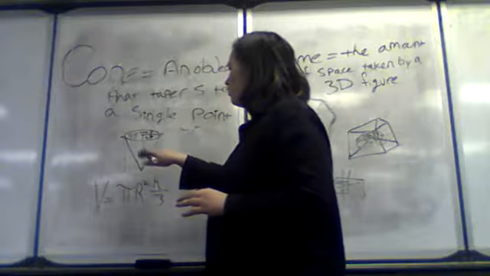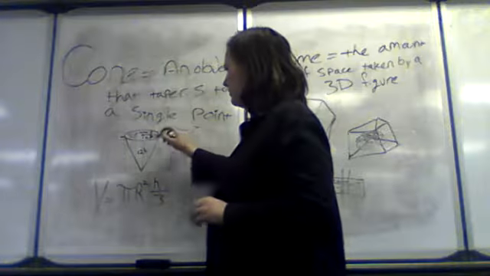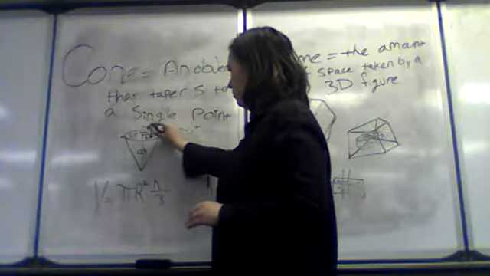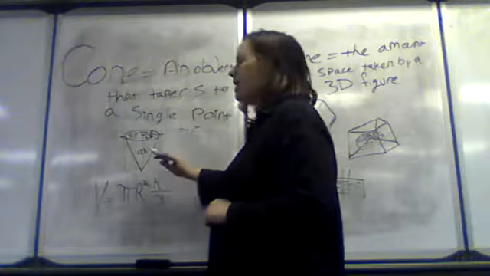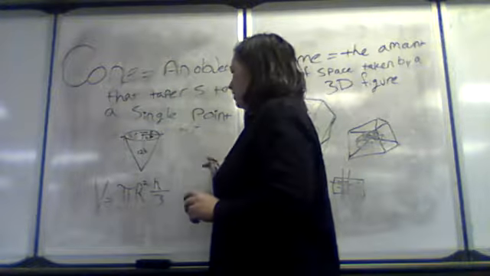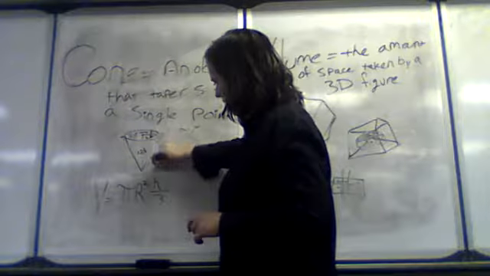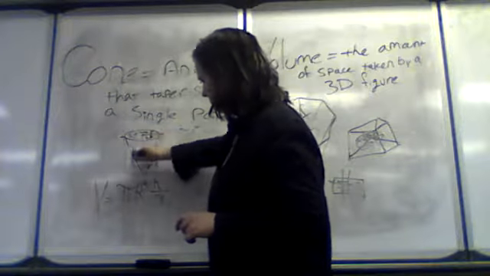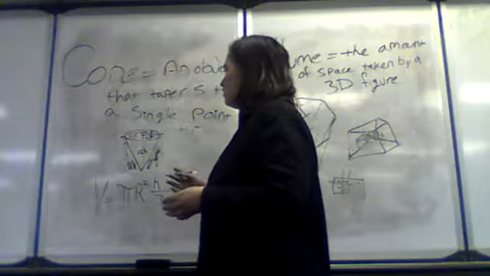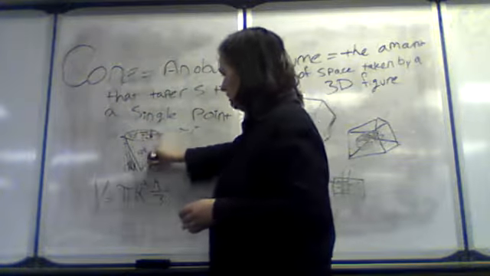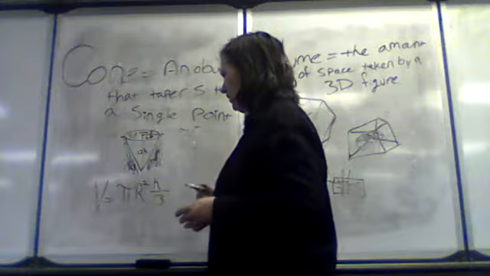Now, the reason for height divided by 3 is because if you simply take the area of the base times the height, that's the equation for a cylinder, and that would fill this cone shape as well as all of this. As you can see here, it's pretty equidistant from all of it, especially since it's a rounded 3D figure.